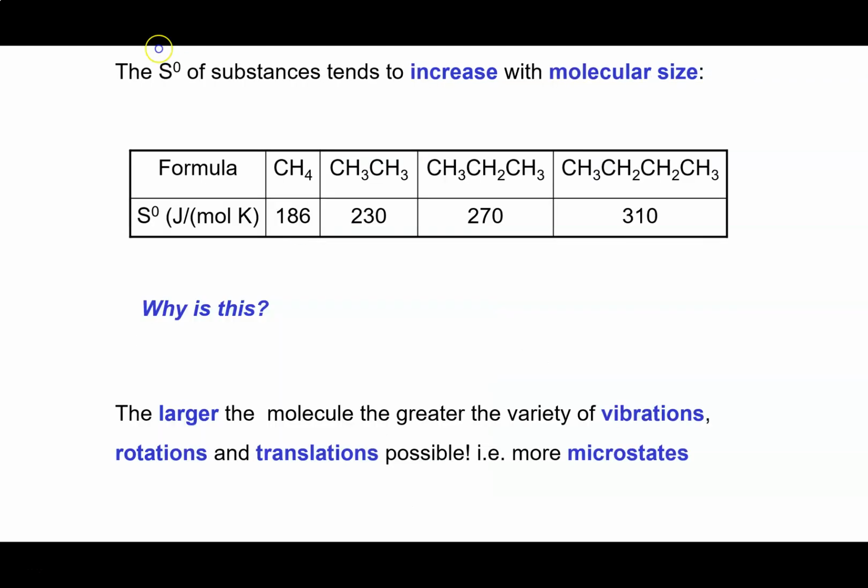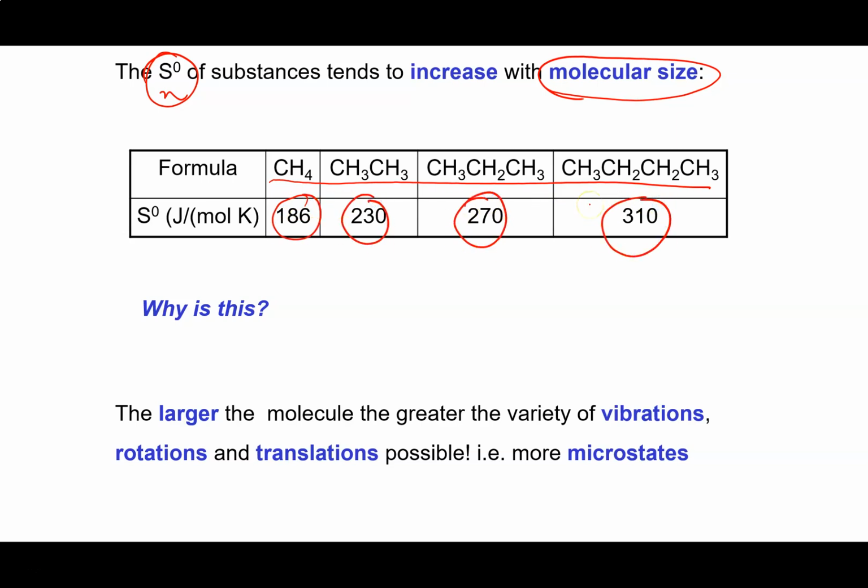Okay, the other thing that we'll observe is that as we increase the molar mass or the molecular size of a molecule, the standard molar entropy increases. So here are a series of what we call hydrocarbons, and you can see that as we increase the number of atoms present in the molecule, the standard molar entropy increases.